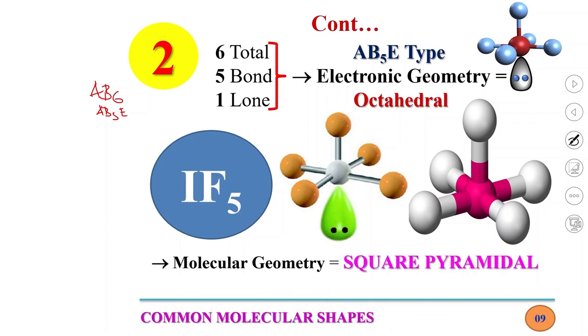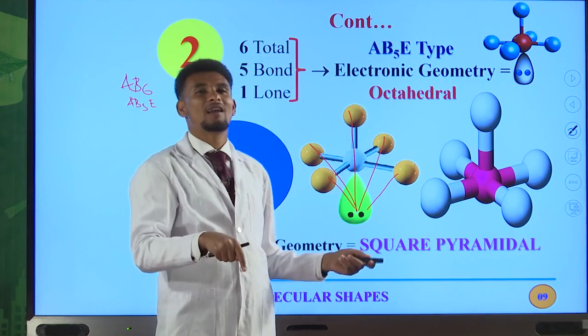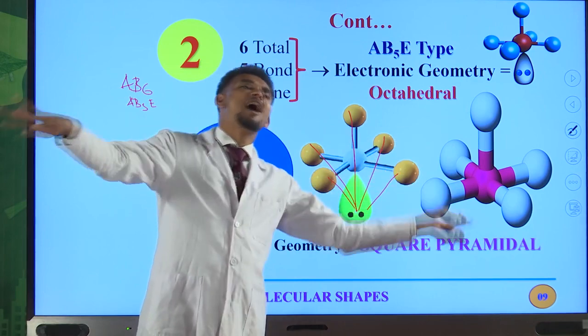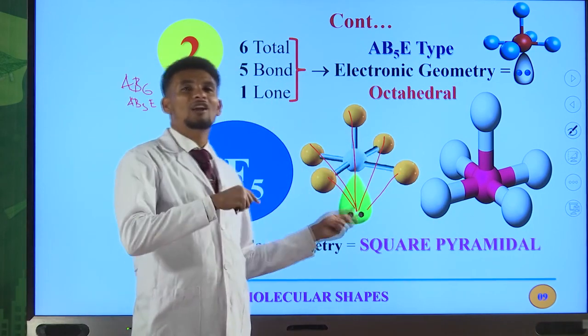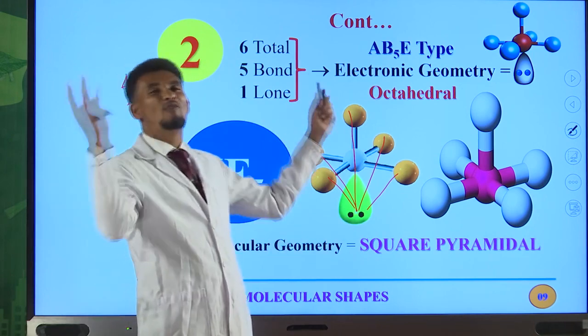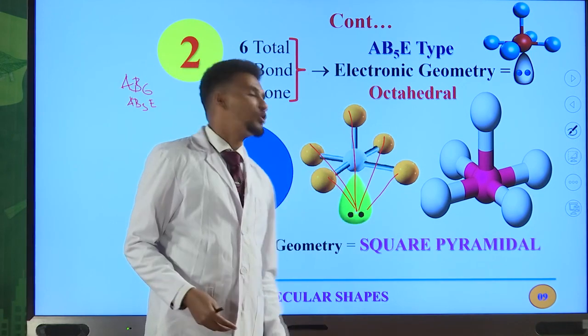Therefore, it is simply known as a bonding pair of electrons. Therefore, the molecular geometry for this molecule, or any molecule that has AB5E type, with only one lone pair around the central atom and the other 5 being bonding pairs, is simply known as square pyramidal.